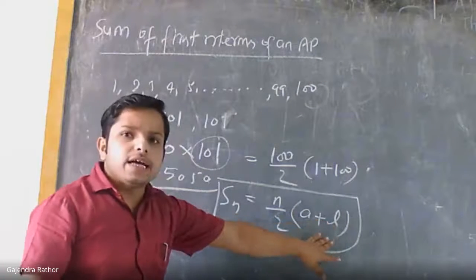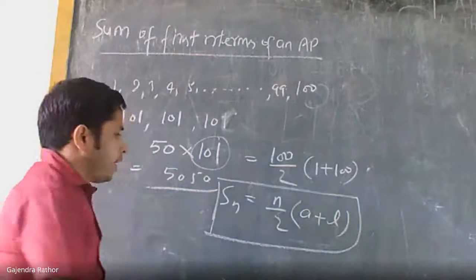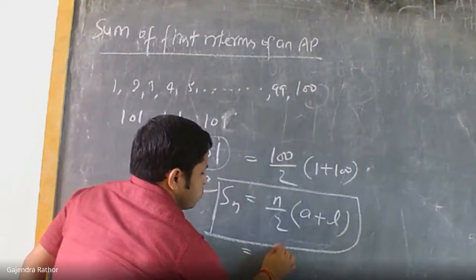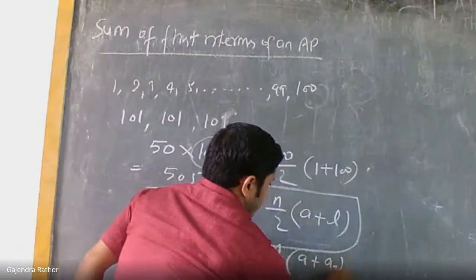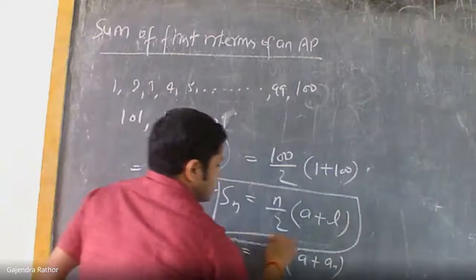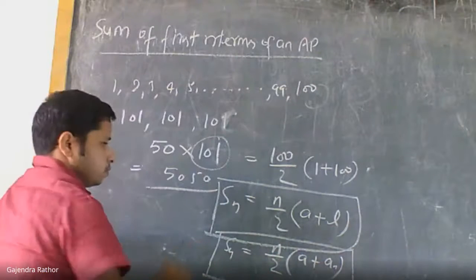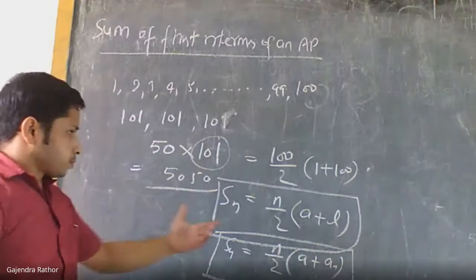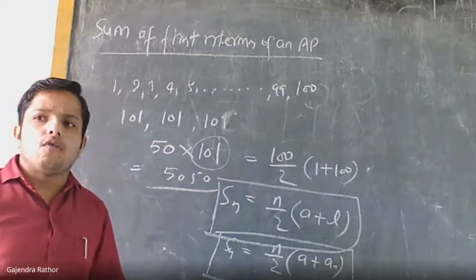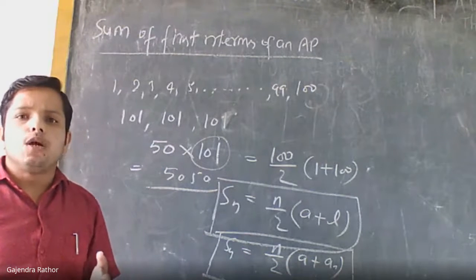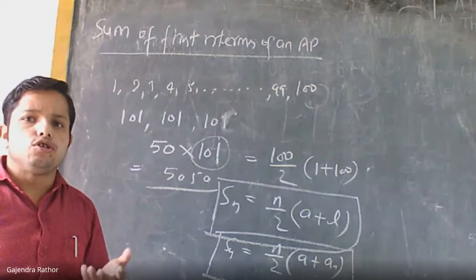We can also replace l by an. So the next formula is n by 2 (a plus an). This is another formula. Okay. Now an, we know the value of an. an is equal to a plus (n minus 1) into d.